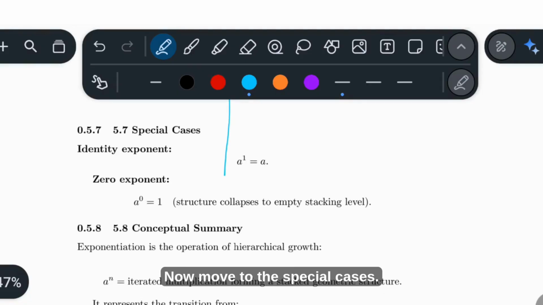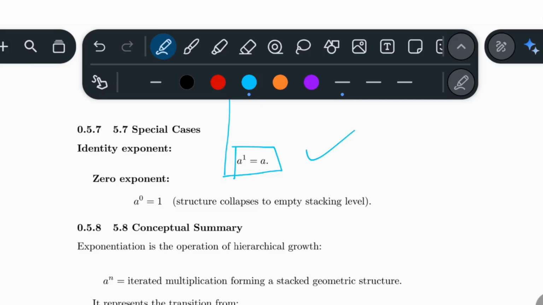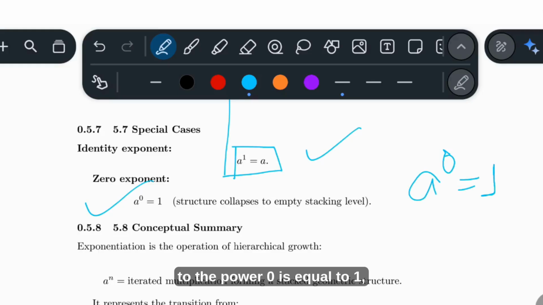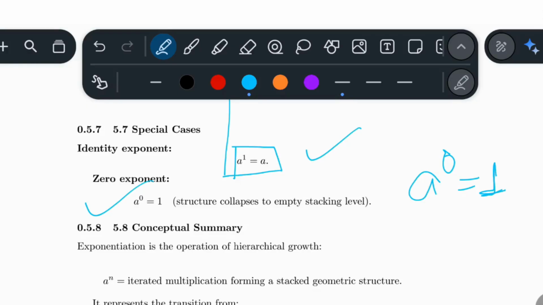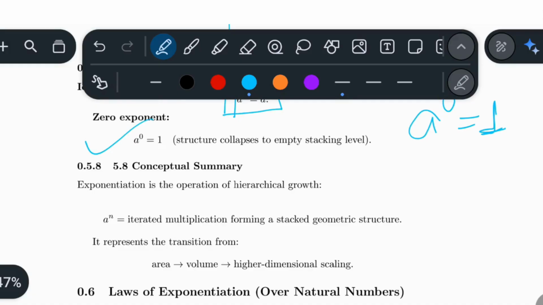Now move to the special cases. This is the special case: a to the power 0 is equal to 1. It collapses to an empty stacking level.